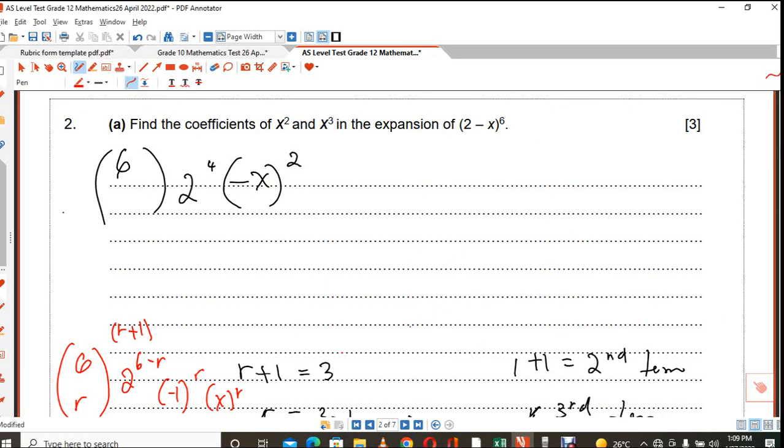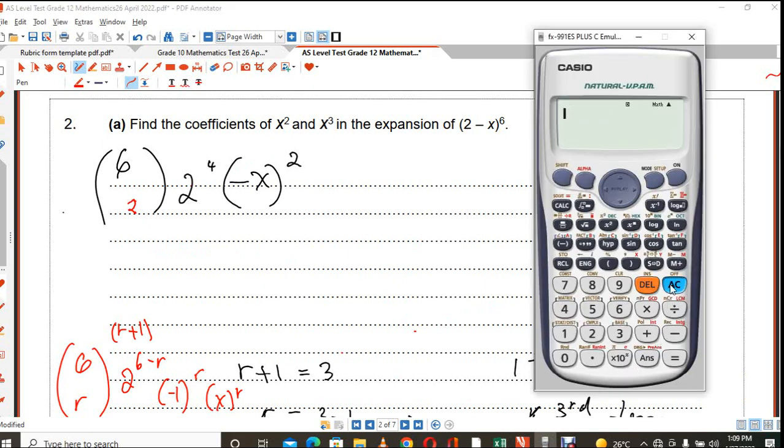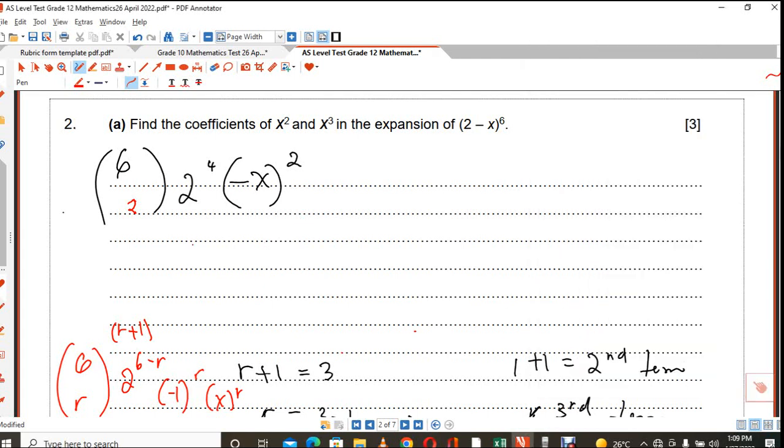So when you work this out, 6 choose 2 times 2 raised to the power of 4, that gives you 240, and for that reason you're going to get 240x squared. It's minus 240, am I right? No, it's positive 240, because this thing squared will be positive.